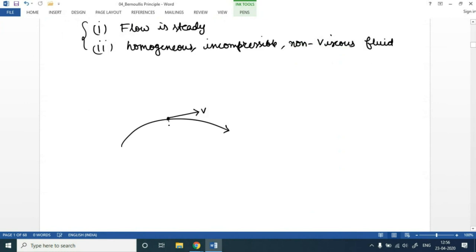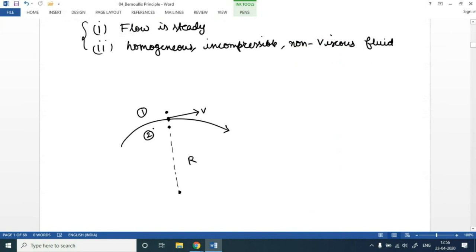This is the center of curvature at this point, and this is the radius of curvature. Let's take one point above this streamline, point number 1, and another point below the streamline, point number 2.